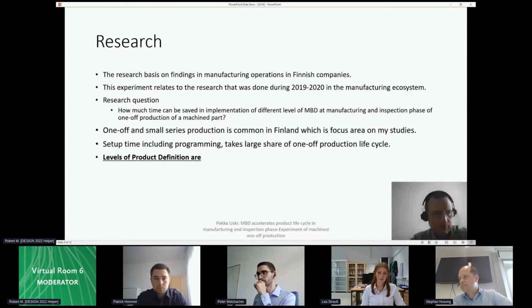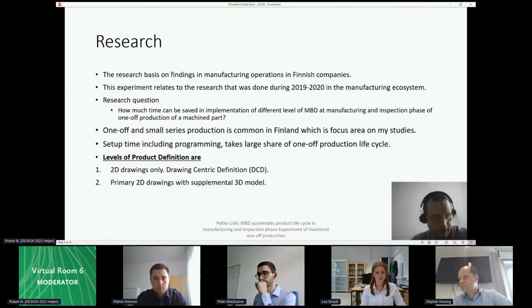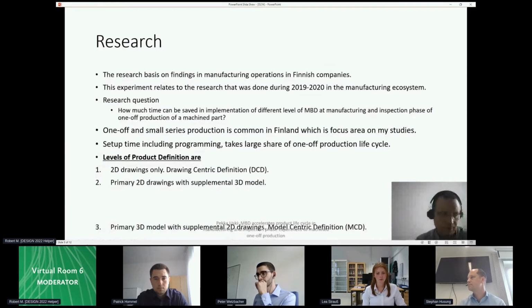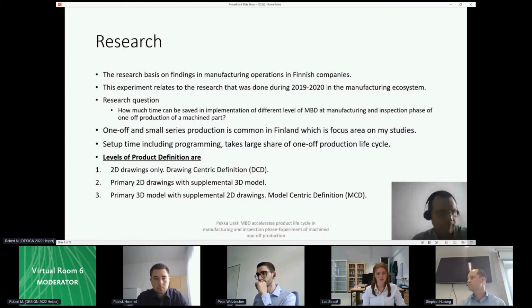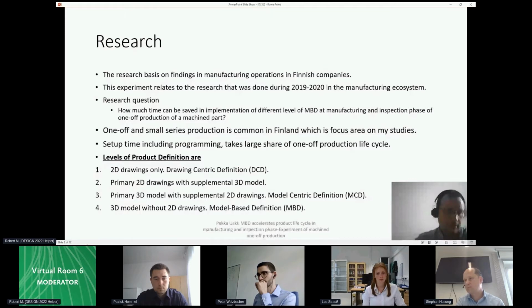We found out that levels of product definition are: 2D drawings only, that is called drawing-centric definition; primary 2D drawings with supplemental 3D model; a primary 3D model with supplemental 2D drawings, which is called model-centric definition; and 3D model without 2D drawings, that is model-based definition.